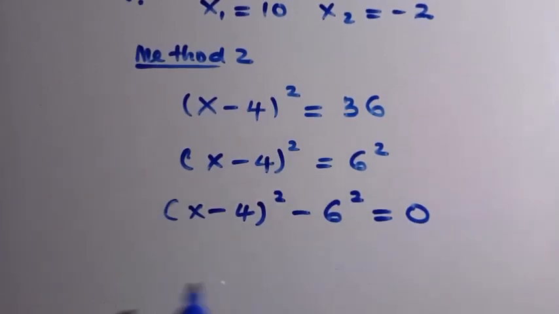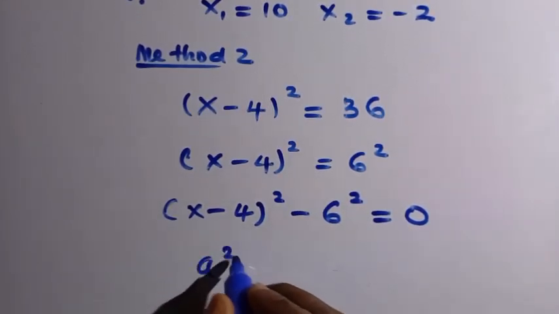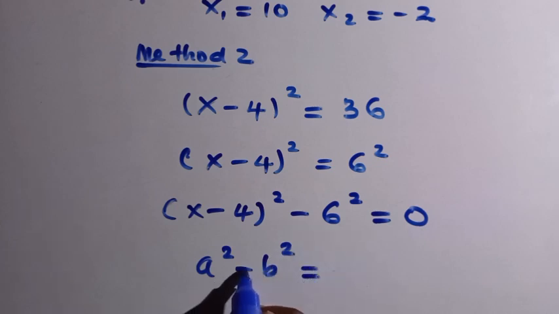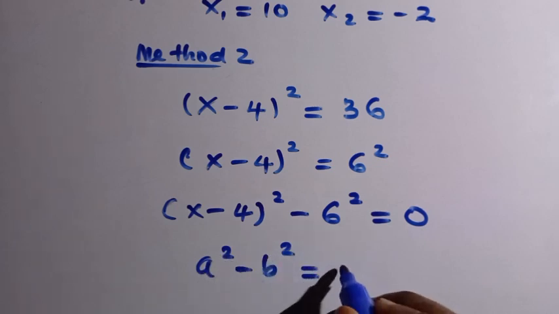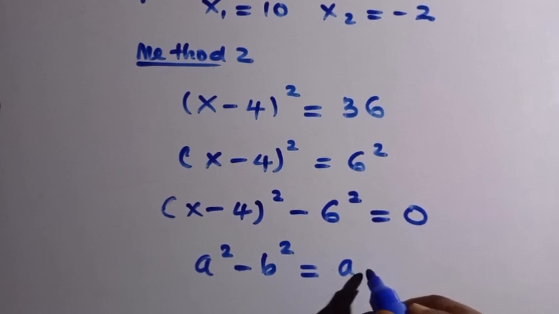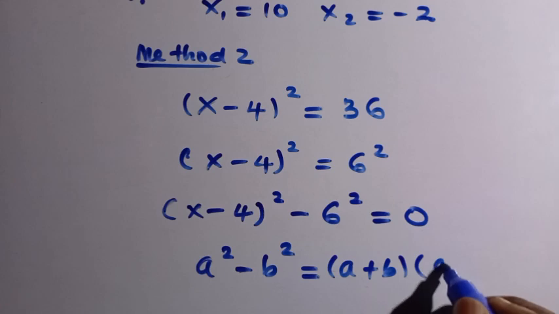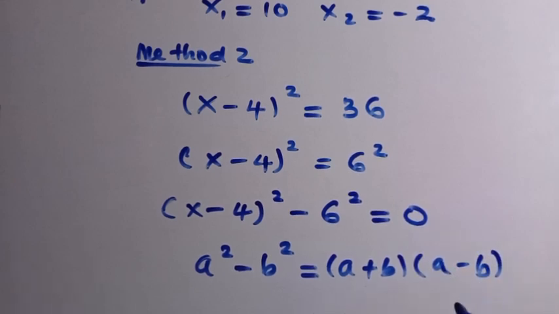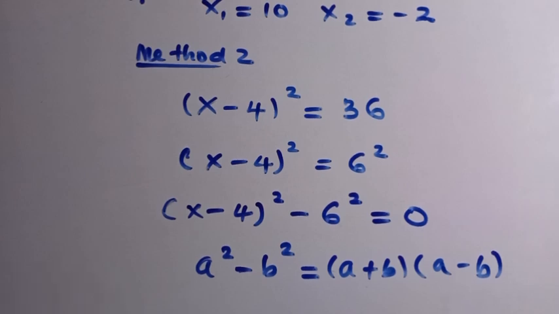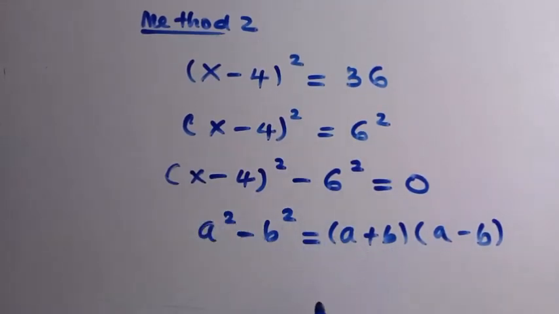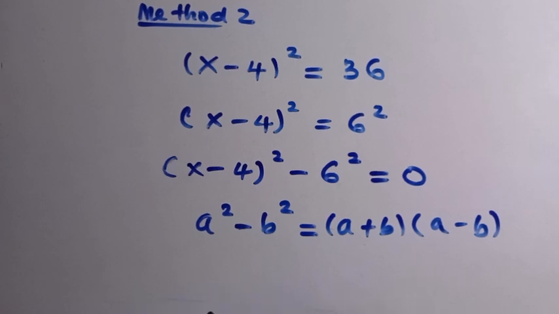If we compare this with a² - b², here is a difference of two squares, and the result of it is (a + b) multiplied by (a - b), or you can say (a - b) multiplied by (a + b). Comparing this, our a is x - 4 and our b is 6, so we substitute.